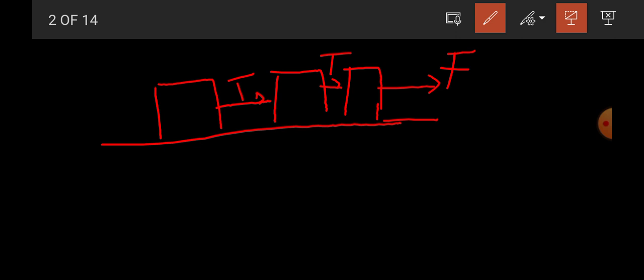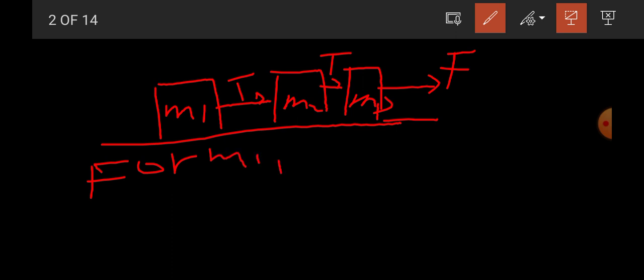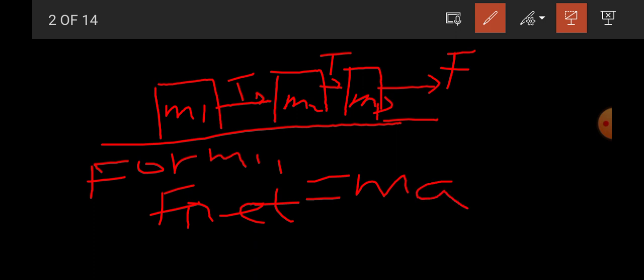ስለዚህ ፎር ማስ 1፣ ይሄኛው ማስ 1 ነው። እዚህ ጋር ማስ 2 አለ። Here is mass 3. ፎር ማስ 1 ለአንደኛው ብሎክ ኔት ፎርስ ኢስ ኢኳል ቱ ማስ ታይምስ አክሰለሬሽን እንላለን። ስንት ፎርሶች አሉት? ማስ 1 ላይ አፕላይ የሆኑ ፎርሶች ፍሪክሽንለስ ነው። There is no friction between the block and the surface.